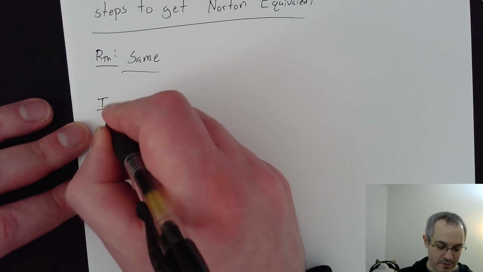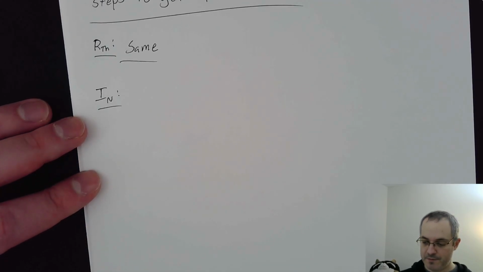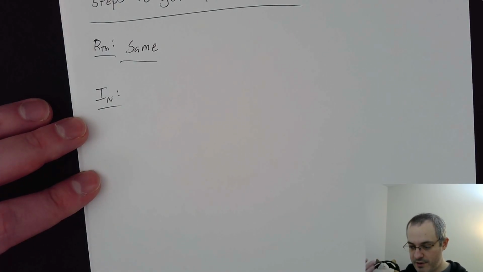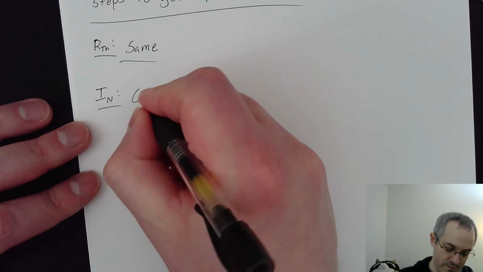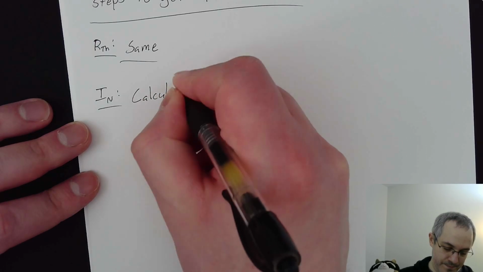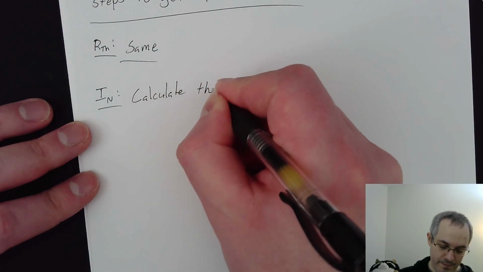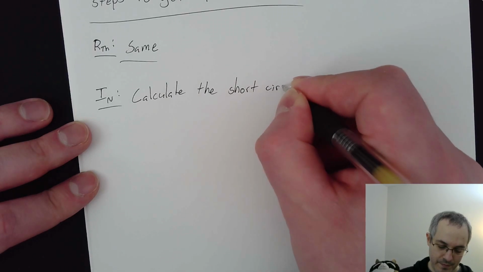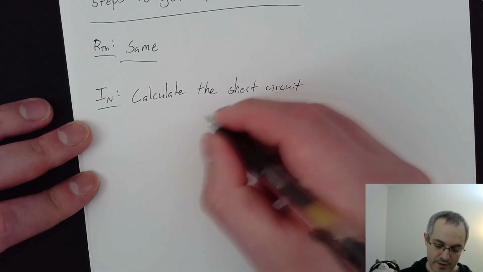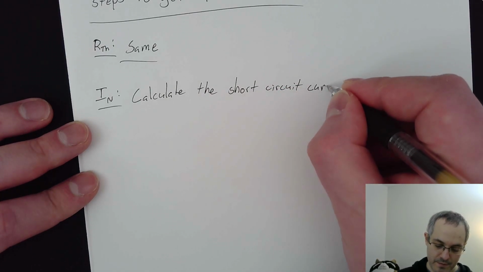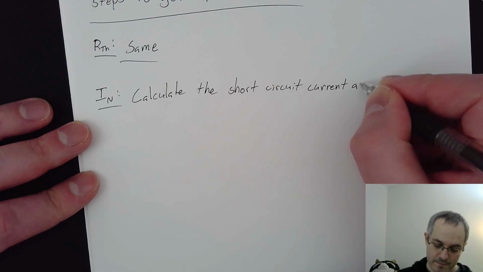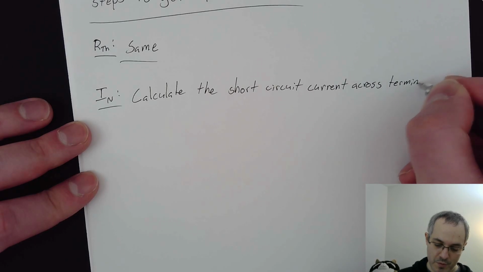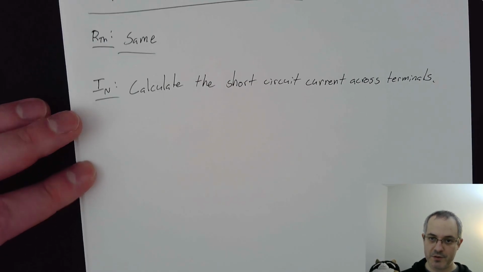To get the Norton current source value, you're going to calculate the short circuit current across the terminals. Remember I said it would be important, the idea of using a wire.